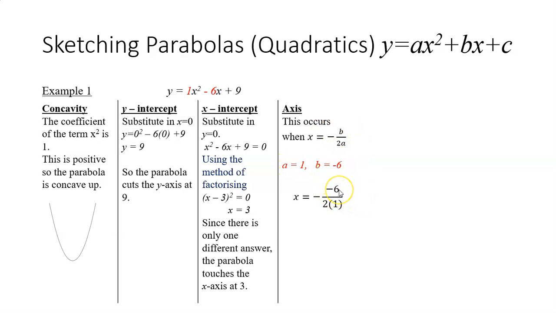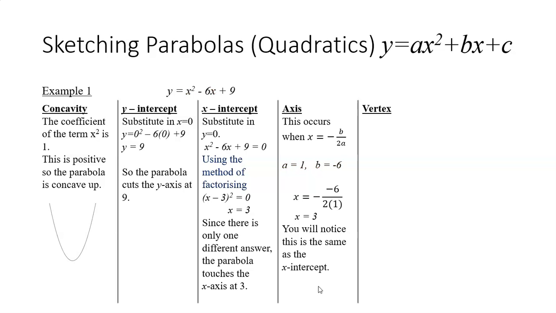So negative 6 for my b value and 2 lots of my a value. And you can do that on your calculator if you're not so confident, and you'll find that x equals 3. Well, you'll notice that this happens to be the same as the x-intercept, because the parabola is going to come down and touch. So if it only touches the x-axis, then that must be where it turns around.